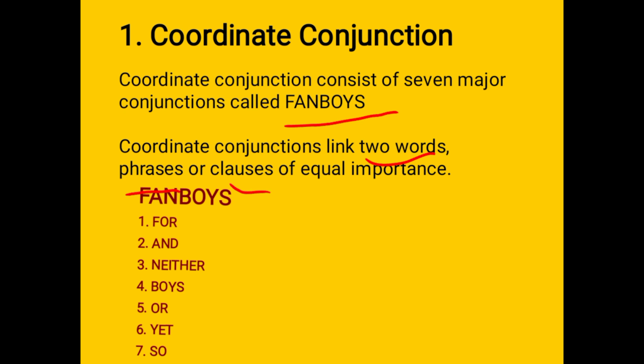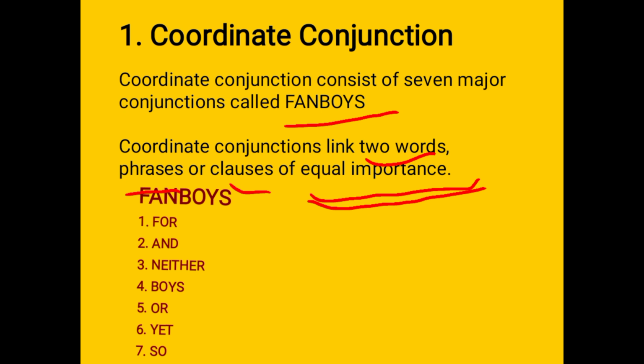Now, this term is very important for you, that a coordinate conjunction makes linkage or makes connection between clauses of equal importance. That means equal weightage. I will discuss it further. So let's look at what are coordinate conjunctions.